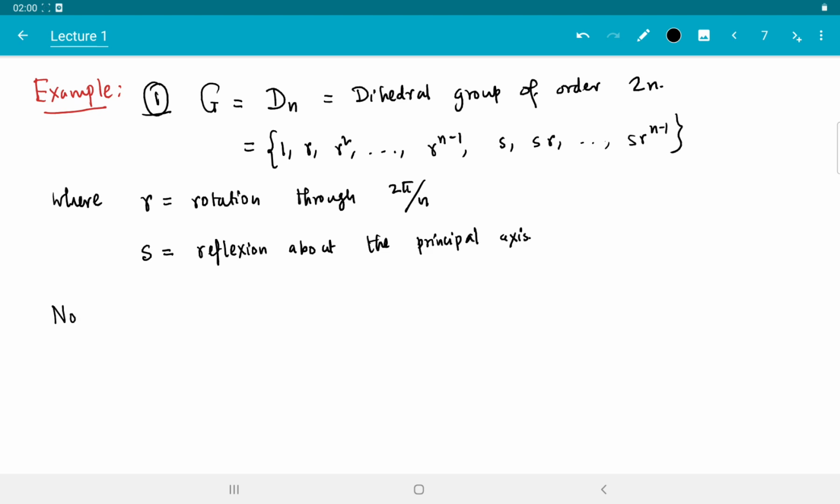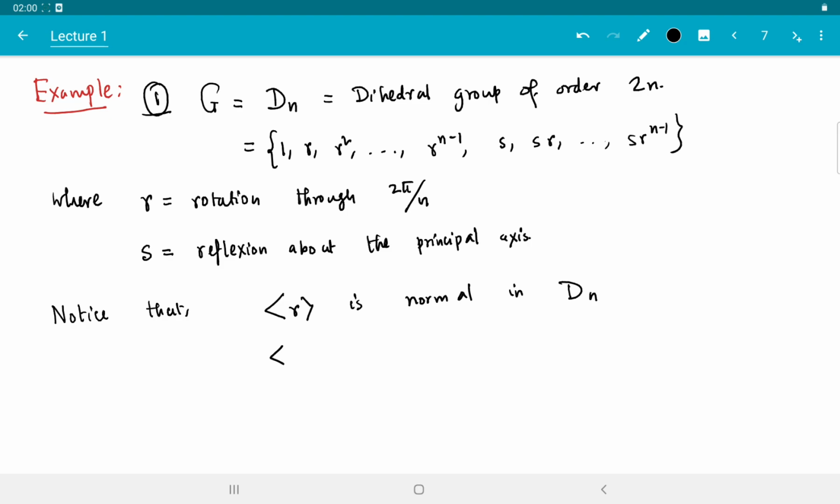Now notice that the subgroup generated by R is normal in Dn.